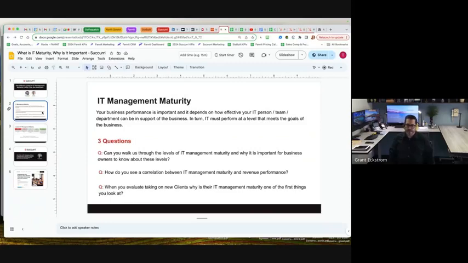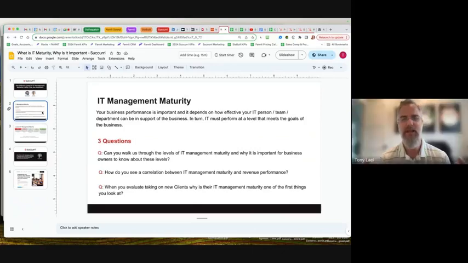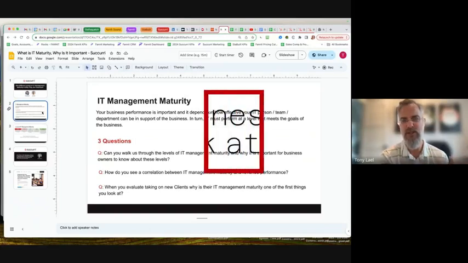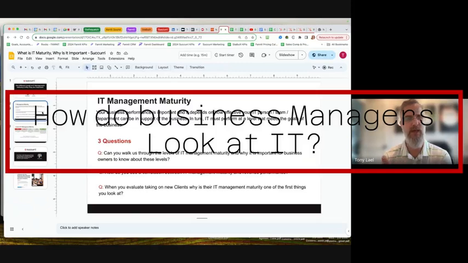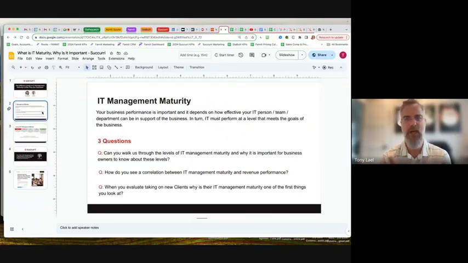It's something that you don't think about when you're in it, but when you step back and look at it, you realize, oh yeah, I remember when I was at that level. Well, the way I look at it is, how do you look at IT when you're managing your business? Just like you might look at marketing and sales, or production or service delivery.